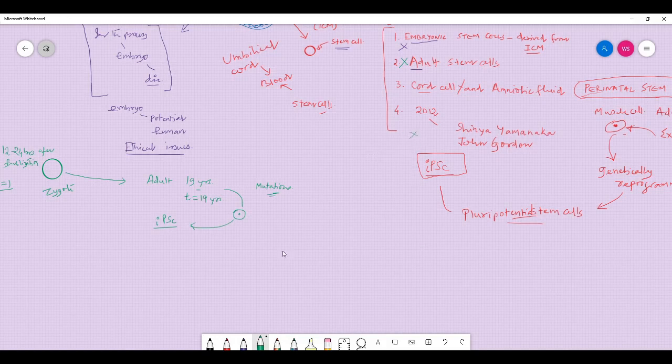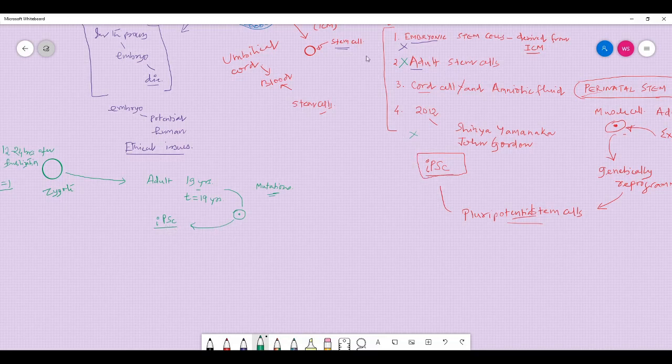So that is also the problem with induced pluripotent stem cells. Adult stem cells, we know, are stem cells which are present during the blastocyst, and are now available in the adult cell. That is an adult stem cell, and the other one is the induced pluripotent stem cell.